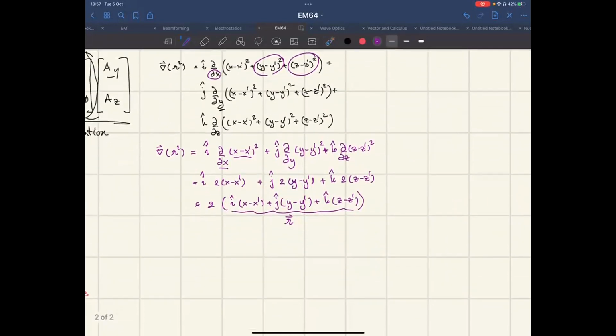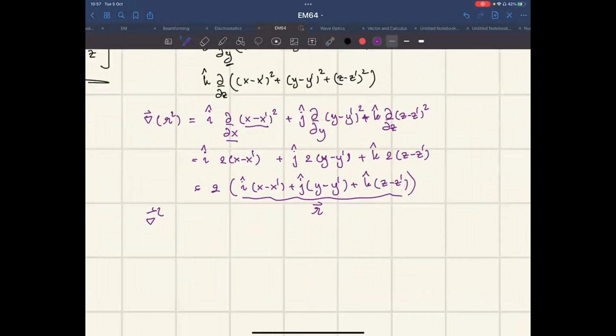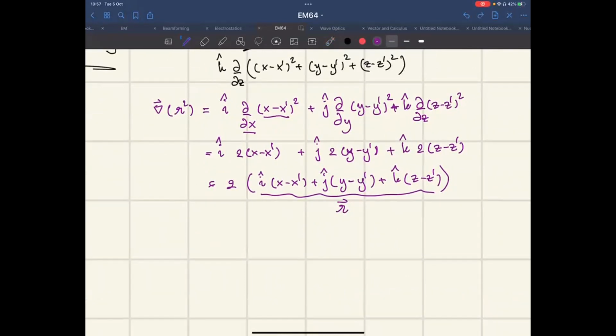So we actually can say that the gradient of r squared is equal to 2 times the separation vector.